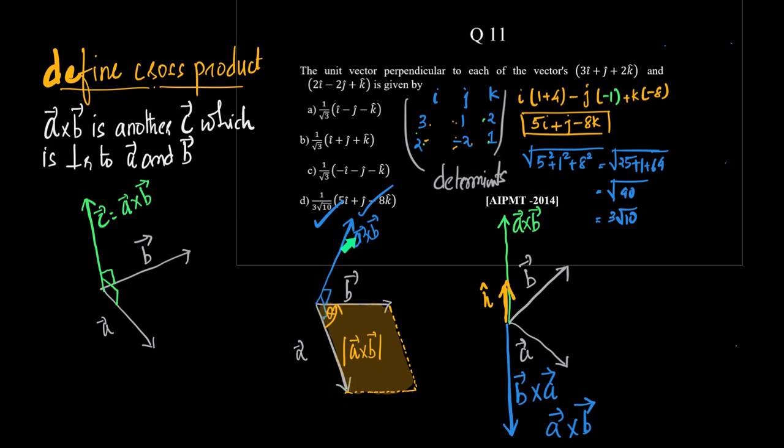It represents the direction, the unit vector along that direction, and opposite to that, what we get is B cross A. So A cross B, and in the reverse direction, B cross A. Always try to visualize this in 3D. All of this basically takes place in the three-dimensional axis. If you can visualize these things in 3D, you'll understand the concept of A cross B, or cross product, better.